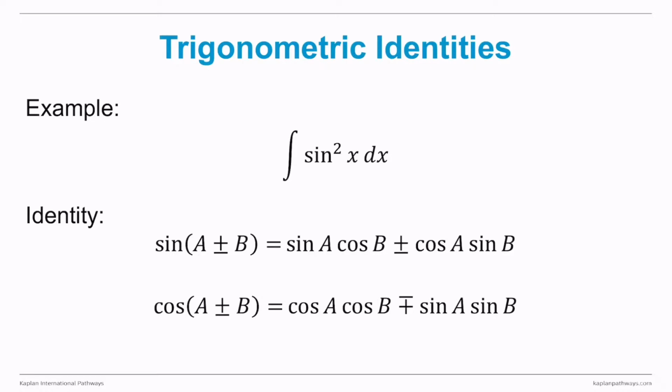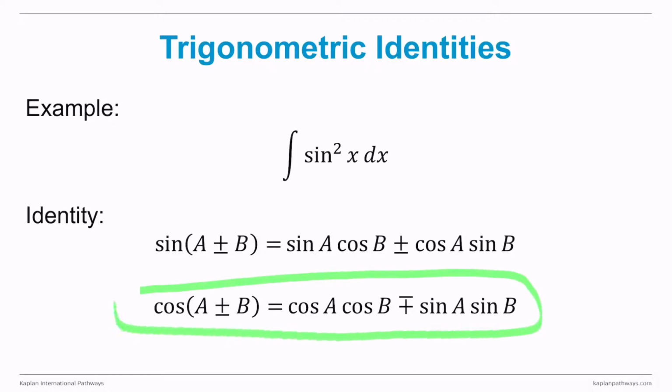In case you have integration of sine square x dx. Okay, so for sine square x dx, the identity for sine cosine plus cosine sine is not going to be useful for us because we want something that has sine squared. So in this case we will use this one.